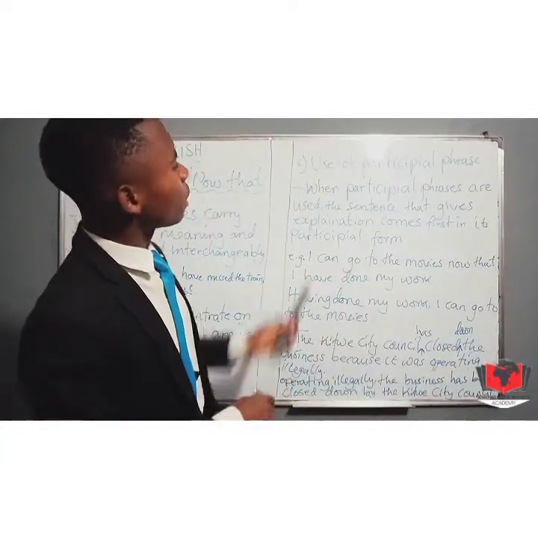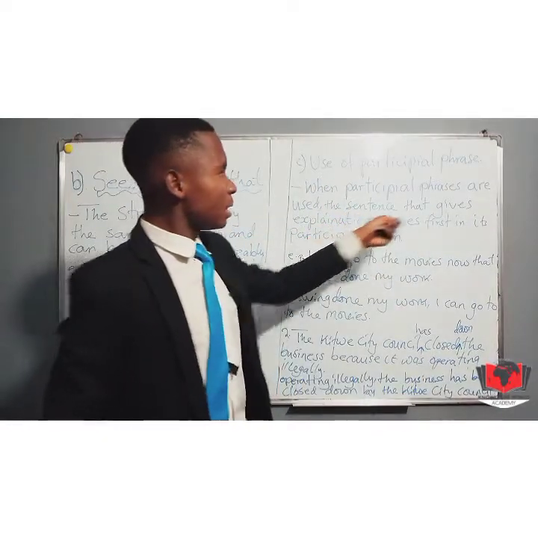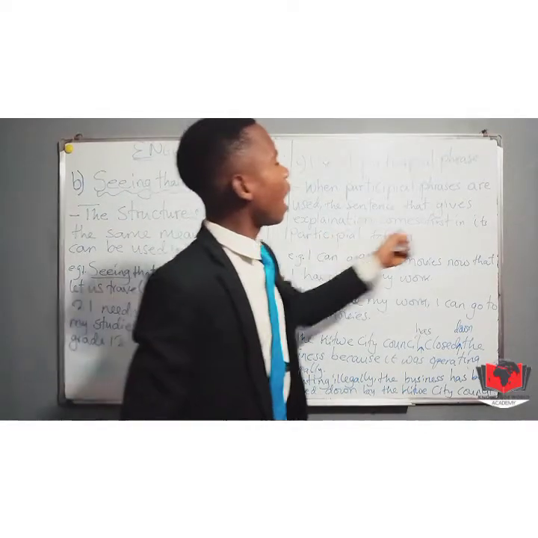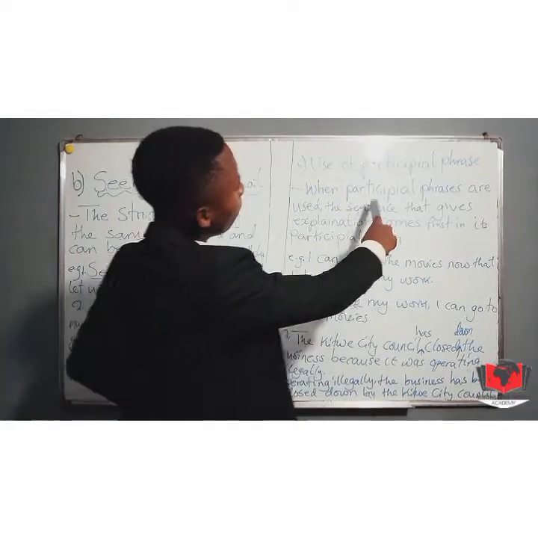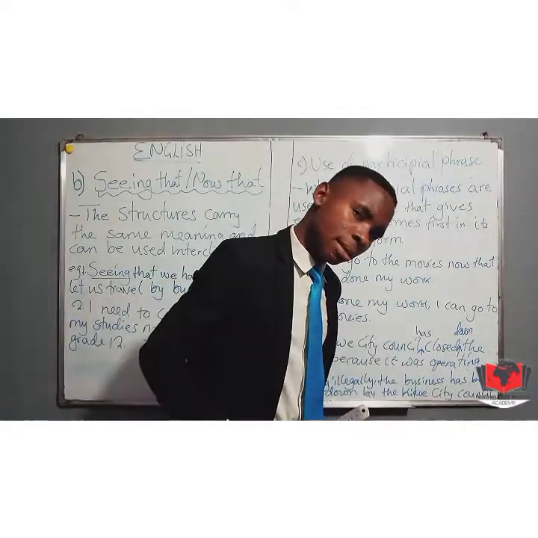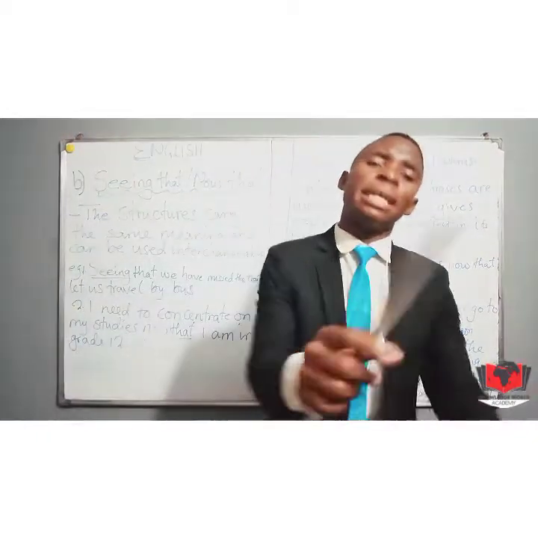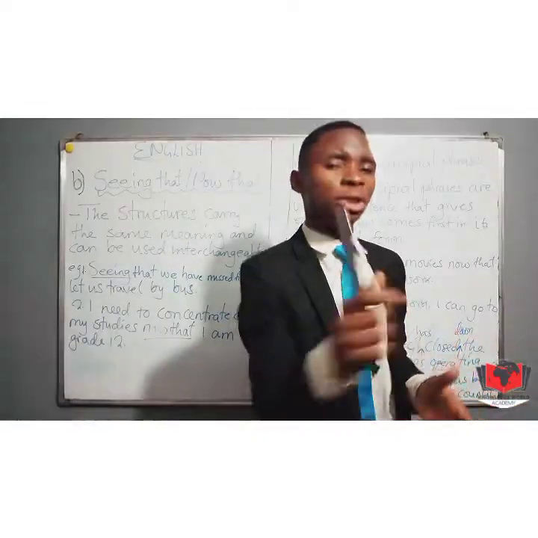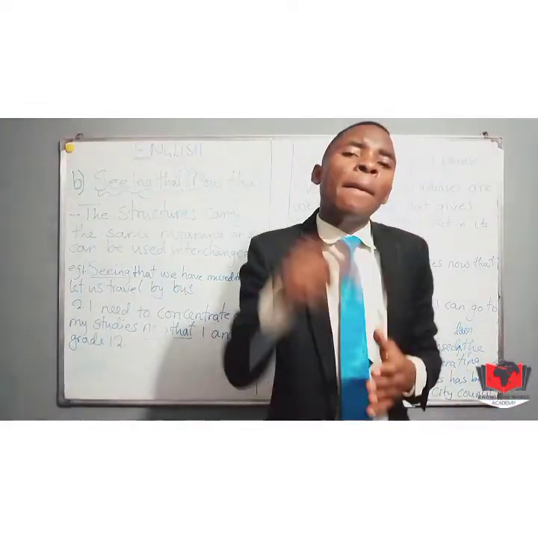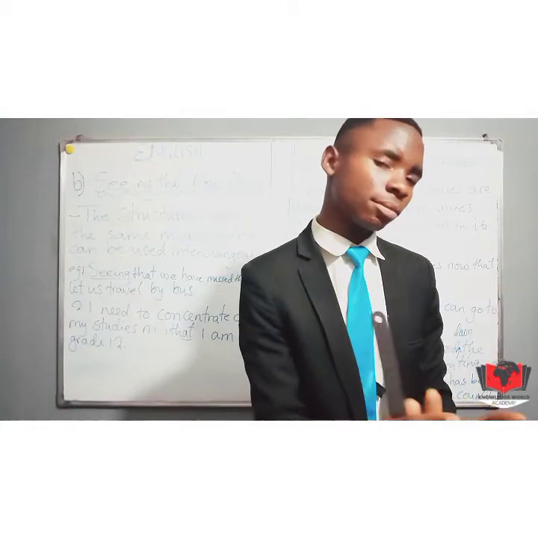We are saying when participial phrases are used, the sentence that gives explanation, or the reason, should come first in its participial form. That means it should begin with a word in present continuous tense.